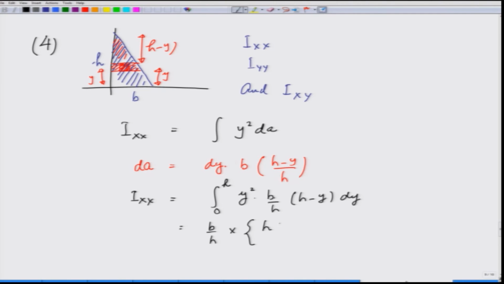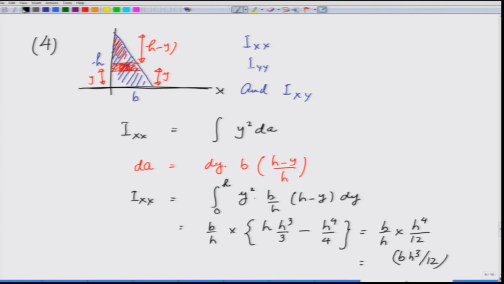So, h cubed over 3 minus h raised to 4 over 4, and this comes out to be b over h times h raised to 4 over 12, which is nothing but b h cubed over 12. So, I_xx, the second moment of area about the x axis for this triangle, is b h cubed over 12.